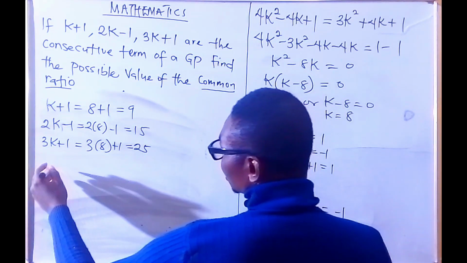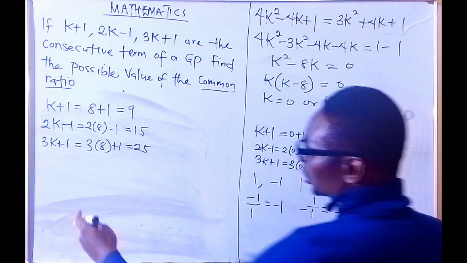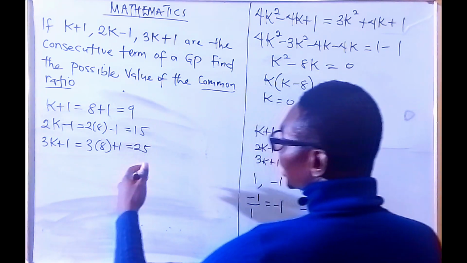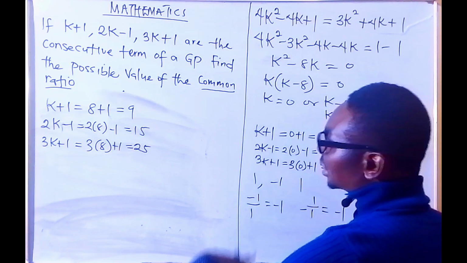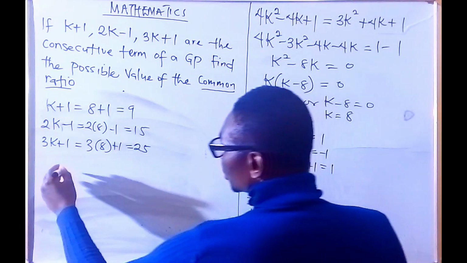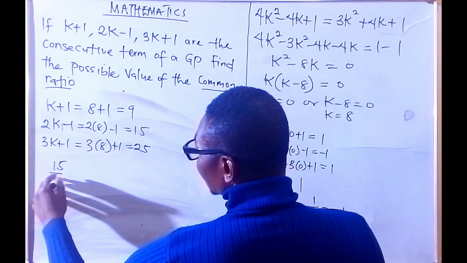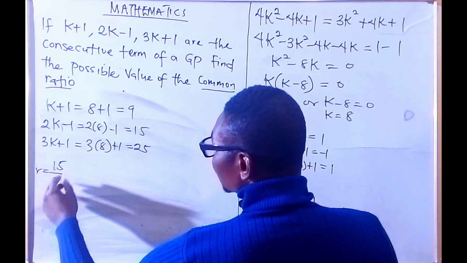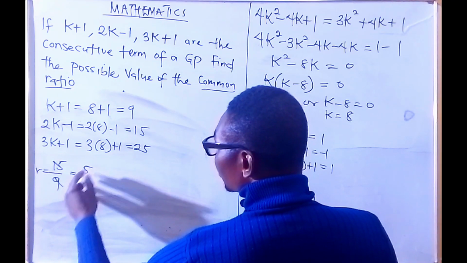Now let's find the common ratio. Let's see if the common ratio is the same. We know that the common ratio is the second term divided by the first term, or the third term divided by the second term. So we now have 15 divided by 9, which will give us 5 over 3.